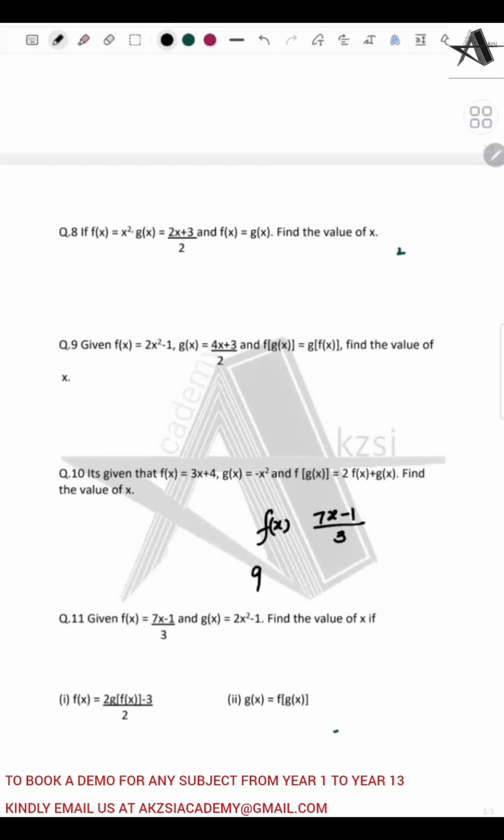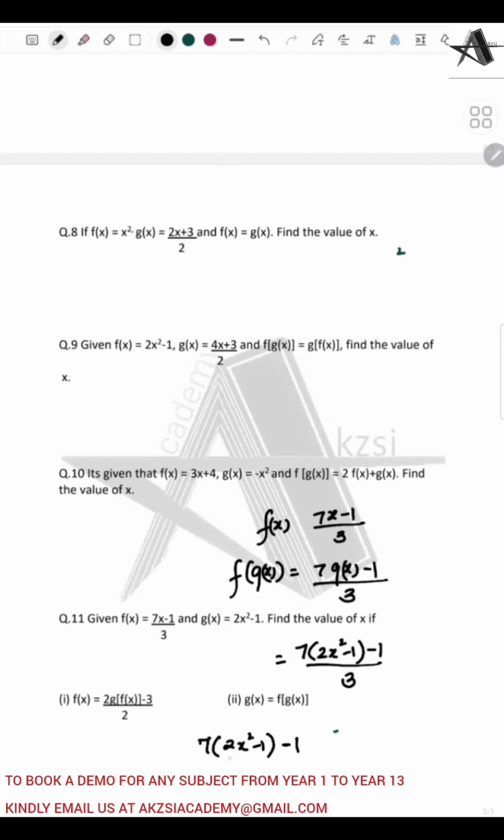In place of x I'll replace it with g(x), so it will be (7 g(x) minus 1) over 3. g(x) is 2x squared minus 1, so 7 times (2x squared minus 1) minus 1 over 3. Equate this to g(x), that means this is equal to 2x squared minus 1. Let me cross multiply.